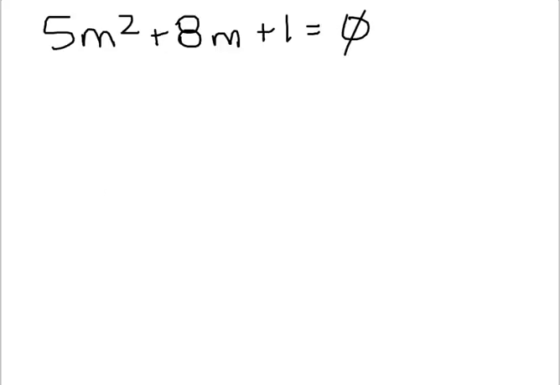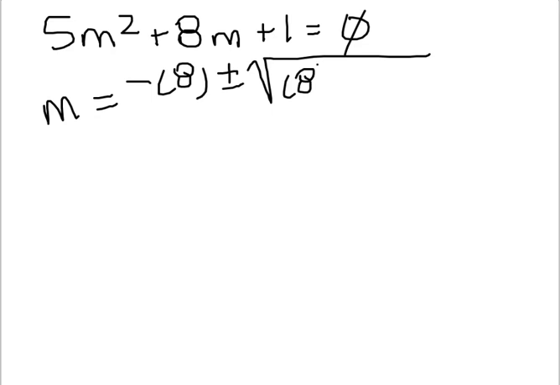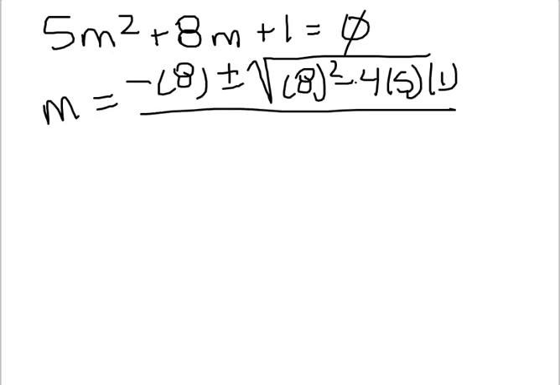Let's do another one. What if I have 5m squared plus 8m plus 1 equals 0? Well, m equals negative b plus or minus square root of b squared minus 4ac all over 2a.